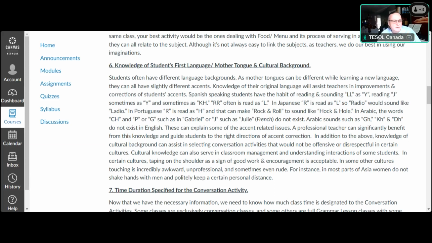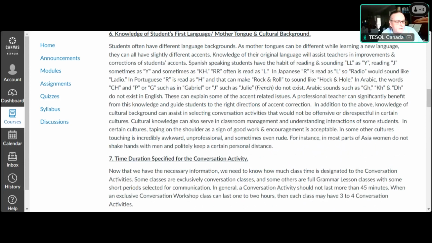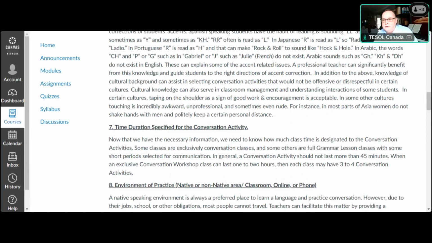And there are a number of things explained here. Arabic has different sounds that do not exist in English, and English has letters and sounds that do not exist in Arabic. So it's important to understand all of that and bring everything into your lesson plan.